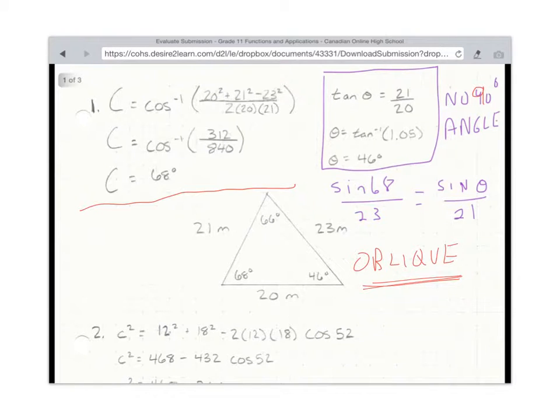So when I'm looking at your solution here, what I'm seeing is 46 degrees opposite 21 and 66 degrees opposite 20. So 46 is across from a larger side than 66, and that's breaking that rule. So that's when I know, when I'm marking somebody's work, that I've got to go and look for a mistake and see what happened. And that's a really good check.